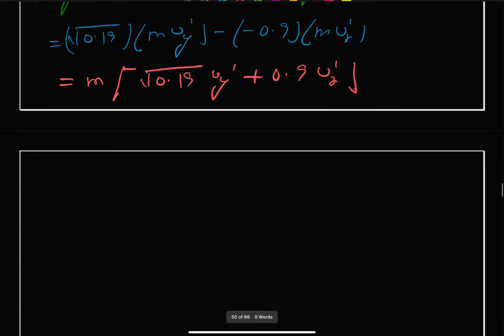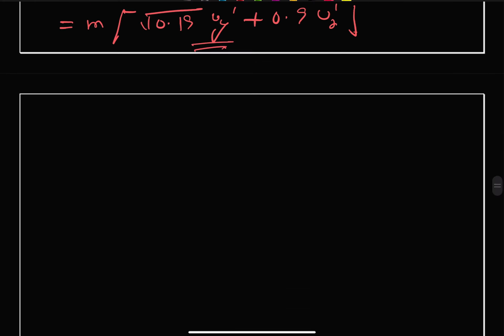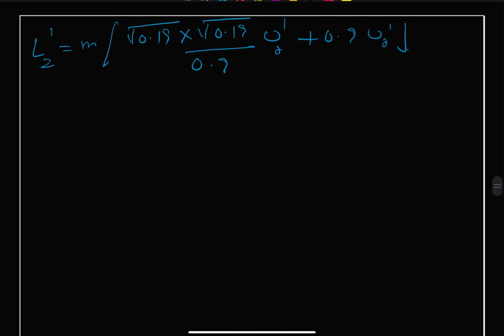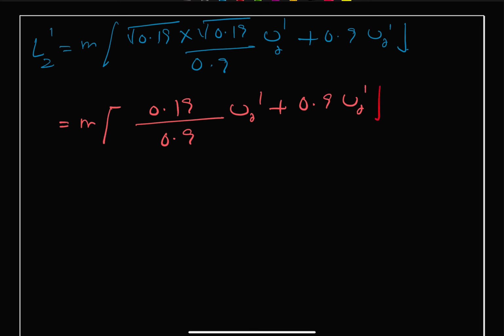We can substitute our vy prime, so we get Lz prime will be equal to mass times square root of 0.19 multiplied by square root of 0.19 divided by 0.9 vx prime plus 0.9 vx prime, and this gives us m times 0.19 vx prime plus 0.9 vx prime, and our mass is 0.1.